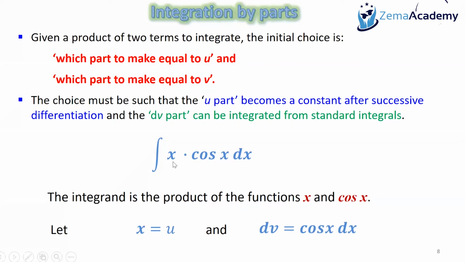No, it's not like that. You need to select, out of both these functions, the function that when differentiated will become a constant. So in this case, if I select x equals u, then this term cos x dx will become dv.